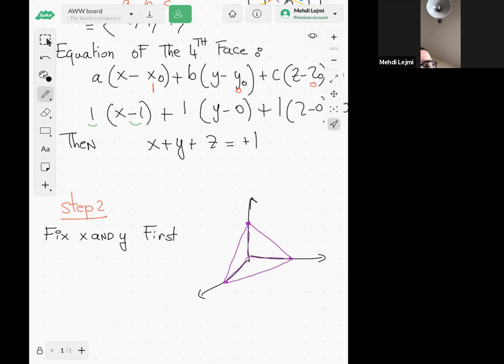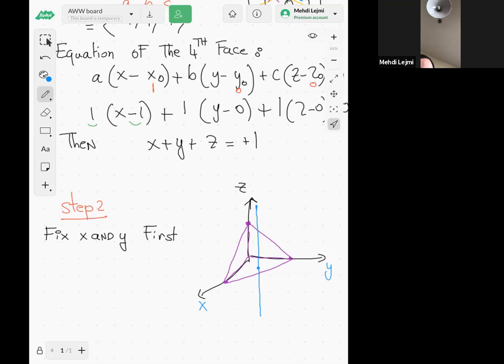So when you fix x and y, again, this is x, this is my y, here's my z. If you fix x and y, it means you're going to fix a point here in the xy plane. And by fixing the X and Y coordinate, you're going to fix the line which passes through this point, right? This vertical line.